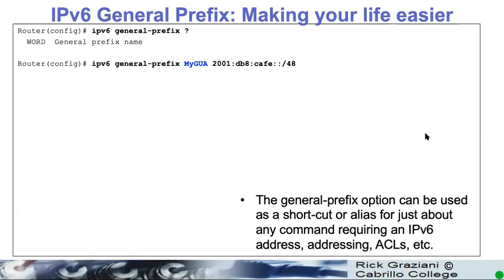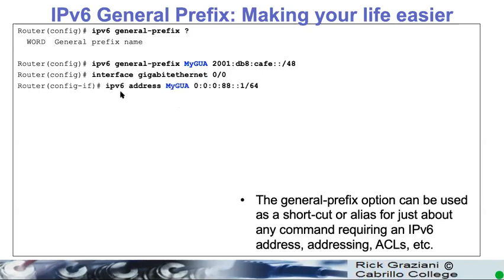If I go into interface gig 0/0, I can actually say ipv6 address my GUA. Now, what I have to do is give it a subnet 88, and I preface it with zeros, because I'm doing the double colon here. I do 0, 0, 0, and then 88.